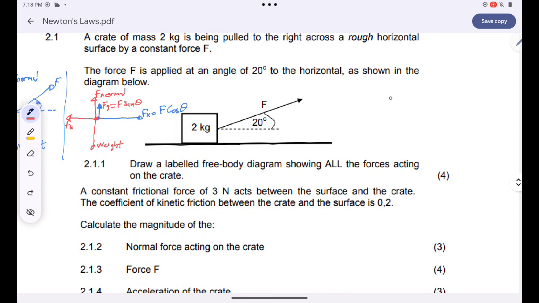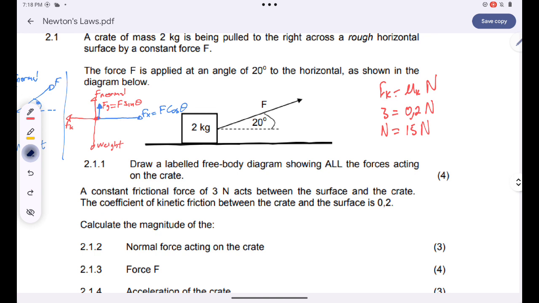Remember, guys, kinetic friction is just the coefficient multiplied by the normal force. If the kinetic friction is 3 and the coefficient is 0.2, we'll just divide both sides by 0.2. 3 divided by 0.2, you'll simply get 15 newtons. So the magnitude of the normal force is 15 newtons.